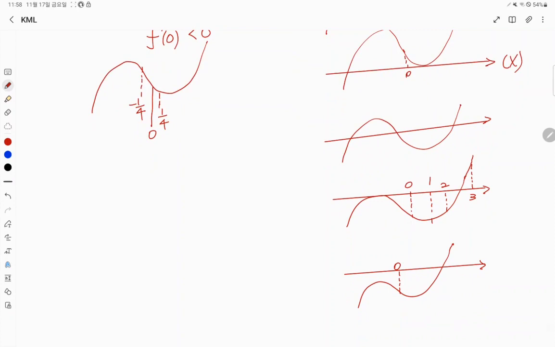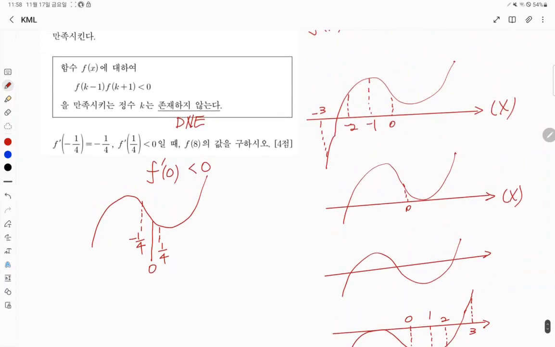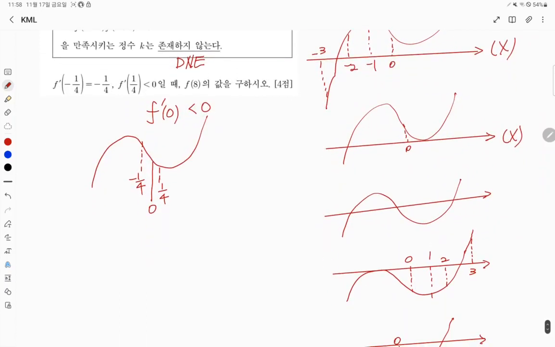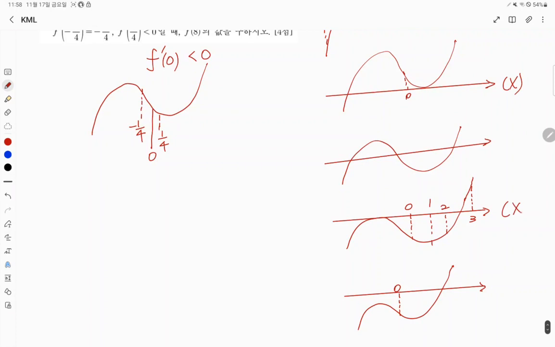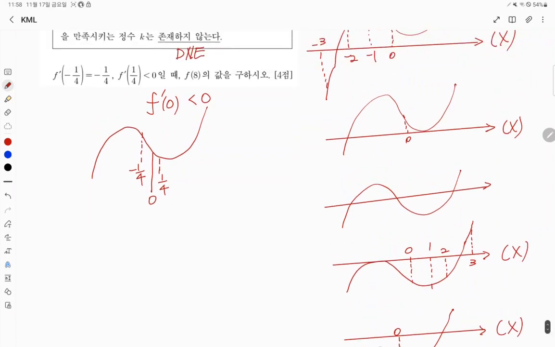So when f of 0 is negative, there will be one positive integer satisfying this inequality. So this means f of 0 cannot be positive or negative. So the only value for f of 0 is 0.